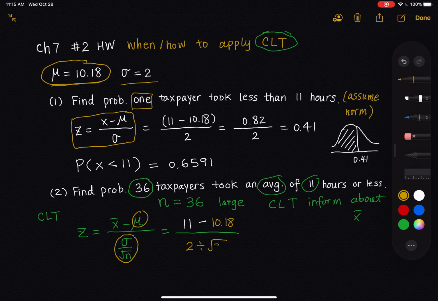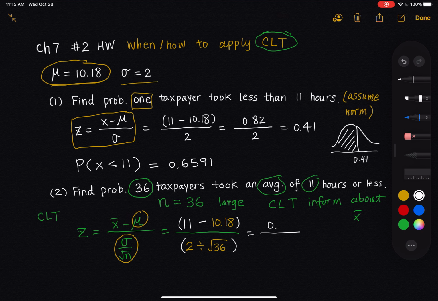N is 36. Now, if you were to enter it in your calculator, you will do 11 subtract 10.18 close parenthesis. Then you do divide, and then you open parenthesis 2 divided by, find the square root symbol, square root of 36, and then close parenthesis. Now if you can do it by hand, you can verify.